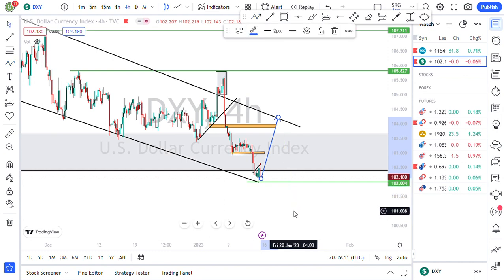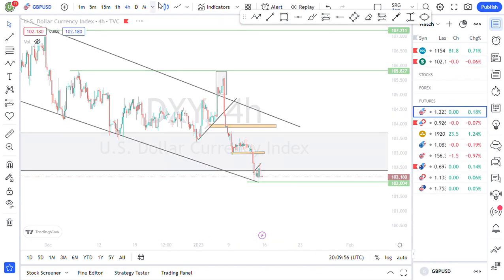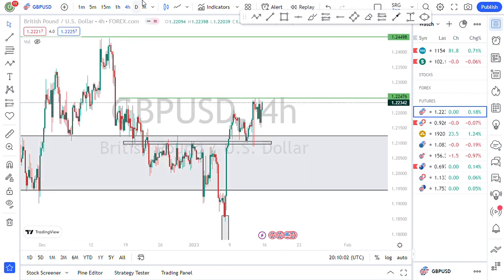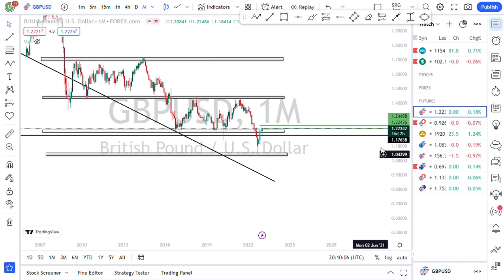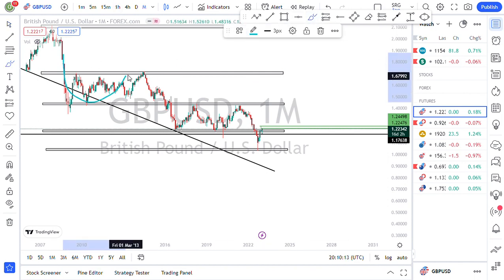But without doing so much, let's go to GBP USD and see what is trying to happen this week, right? On the monthly time frame, we can see that GBP USD has been on a downward trend, a big down move happening.